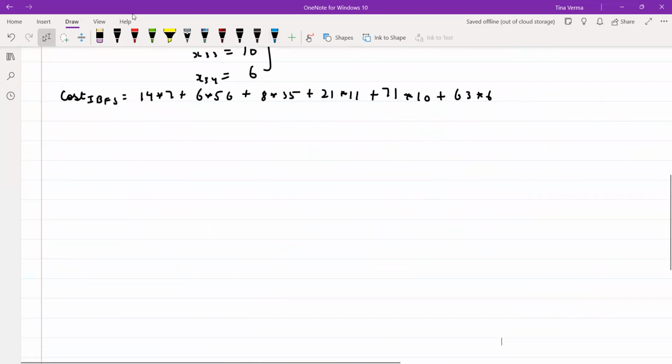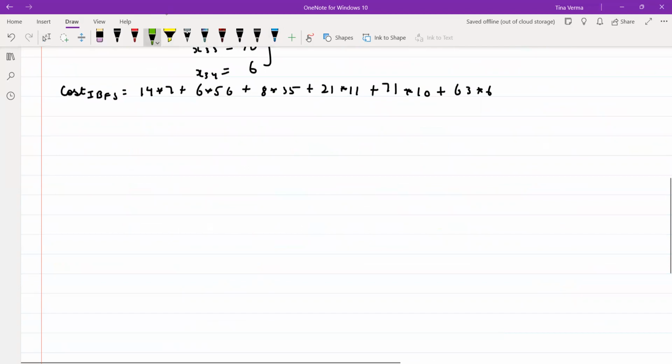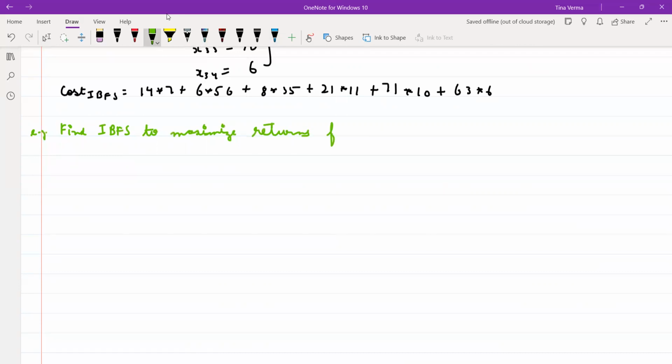The next example, the same. Find initial basic feasible solution to maximize returns for given transportation problem by northwest corner rule.